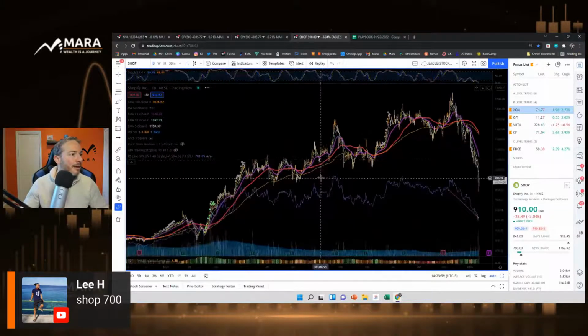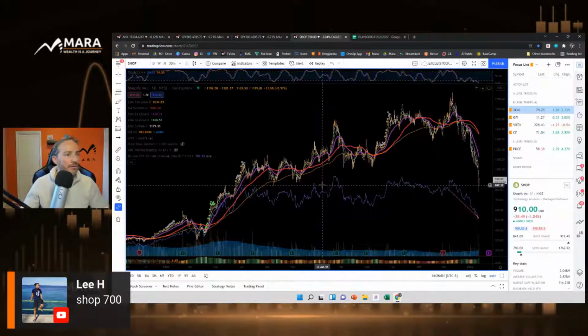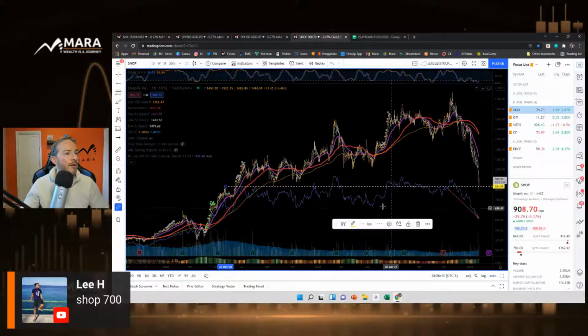Not quite sure. Maybe it might be ready to short again if it breaks this. Like it broke that level, right? Back here, you have to go all the way back to 2020 to find some kind of support, maybe it catches support there.